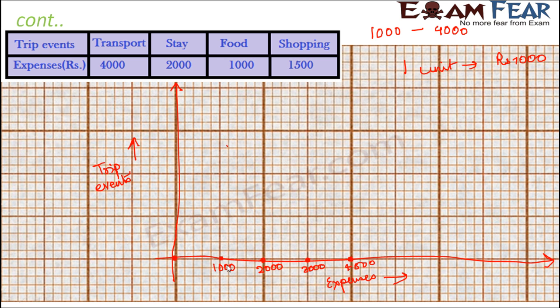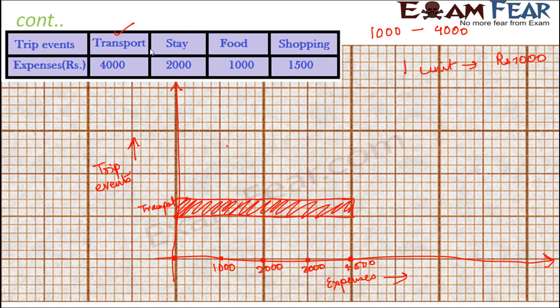So this is one good option to locate these, right? So the first event is transport. For transport, the expenses are 4000. So let's say we draw a bar like this till 4000. That means till here. The height of the bar, in this case, is not exactly height but the length, because we are drawing horizontal bars. So this would be for transport.